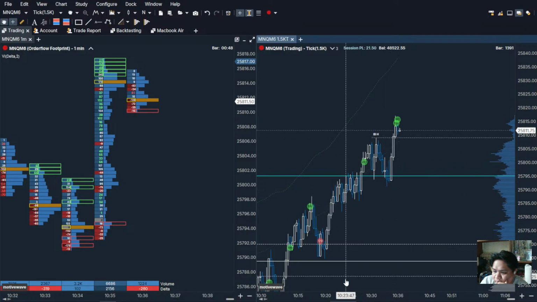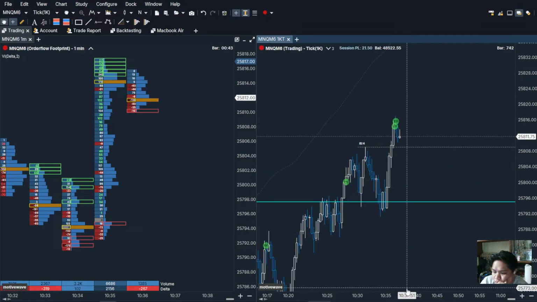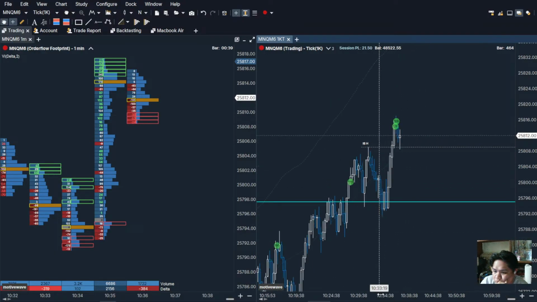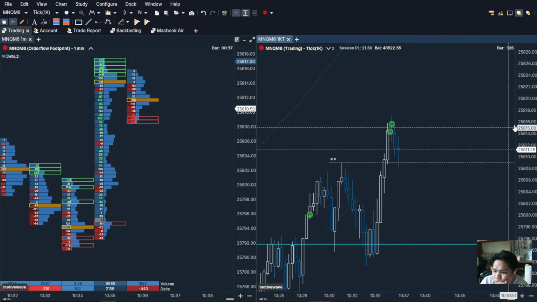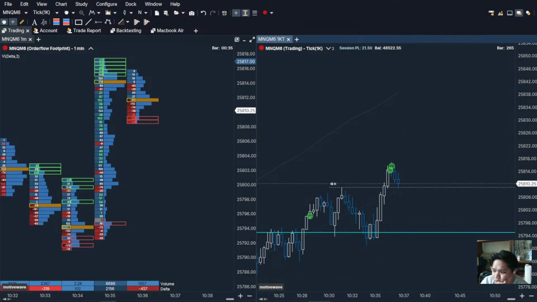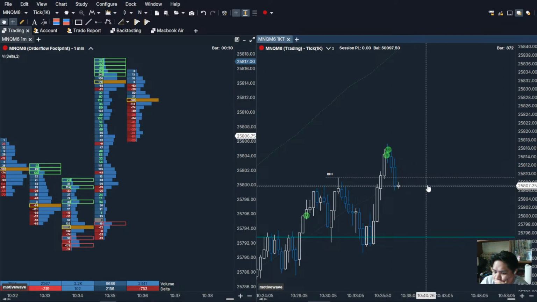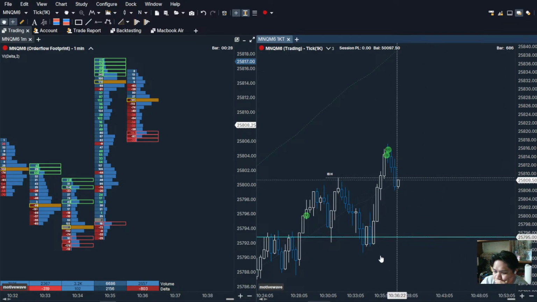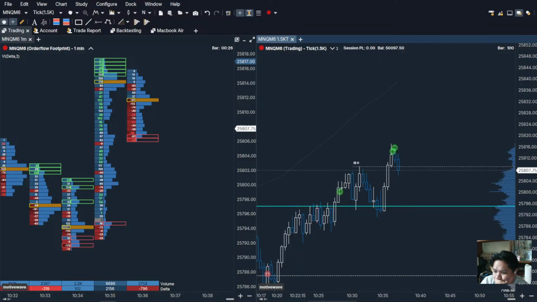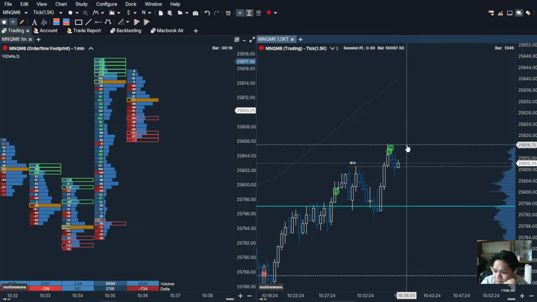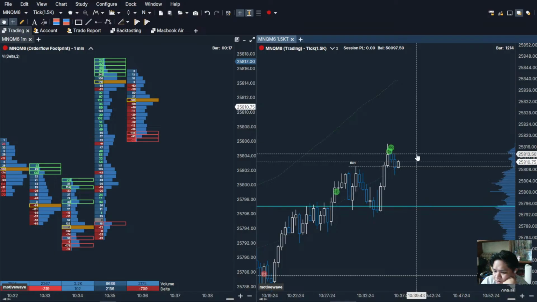Buyer stepped in here. Yes, I'm gonna trade this simulated out. If we break above here, I might be interested for a buy off of this.